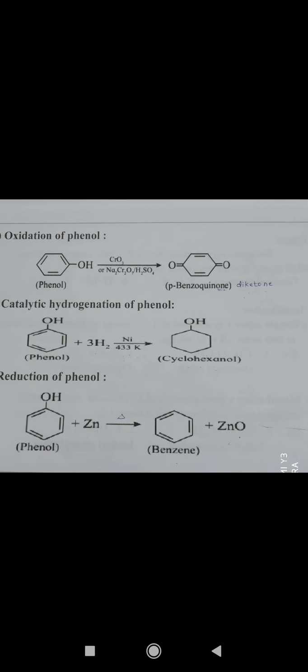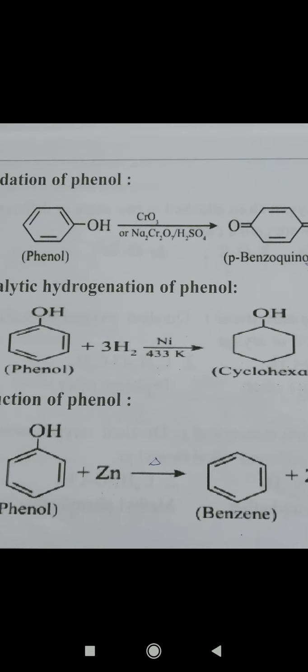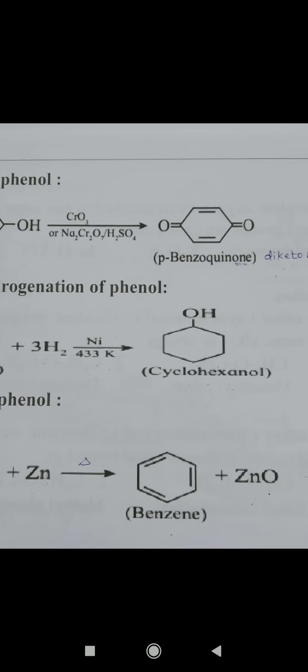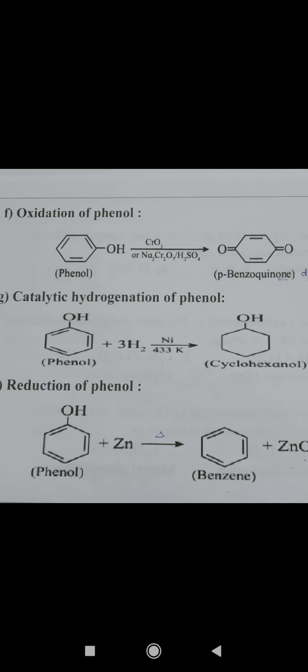Then catalytic hydrogenation of phenol. Phenol adds 3H2 molecules in the presence of nickel at 433 Kelvin to give cyclohexanol. So it is a reduction of the double bonds. And another one is the reduction of phenol.